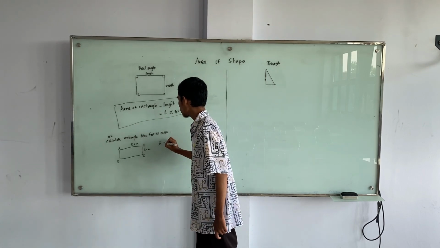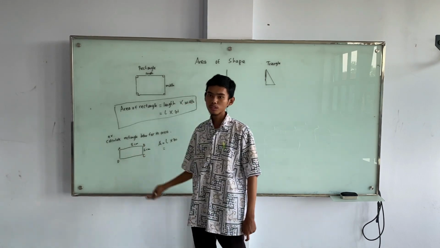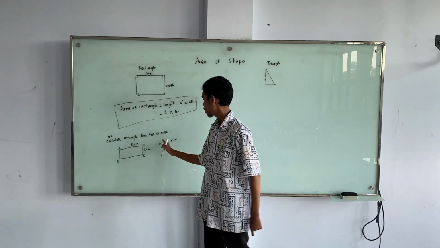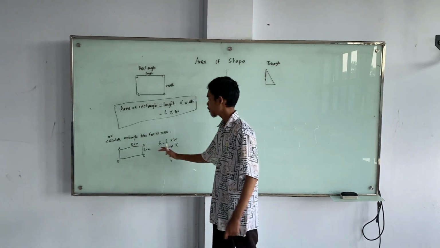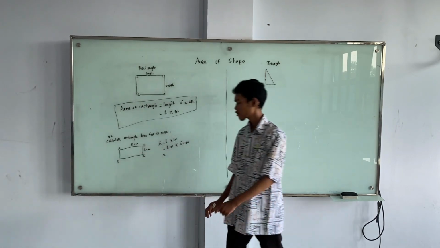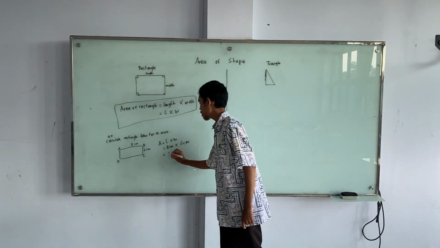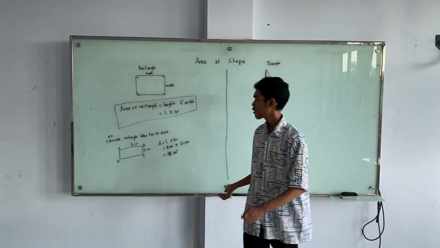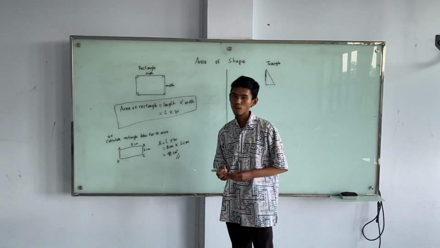So the area of rectangle is L times W. We substitute the length, 8 centimeter, and the width, 6 centimeter. 8 centimeter times 6 centimeter is 48 centimeter square. So the area of the rectangle ABCD is 48 centimeter square.